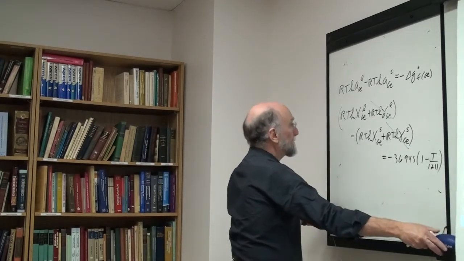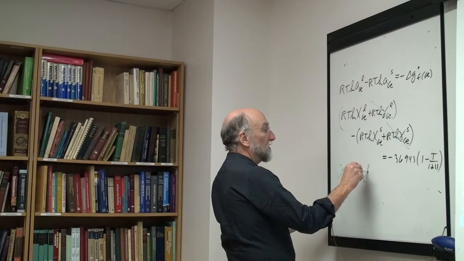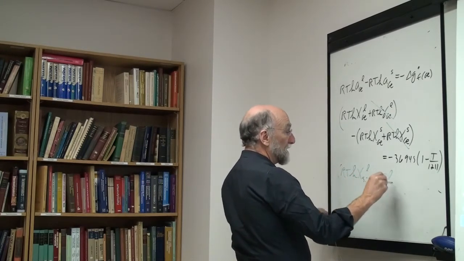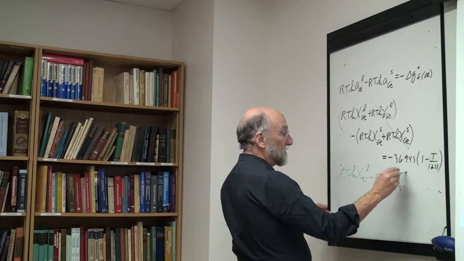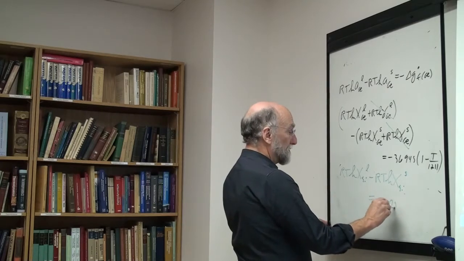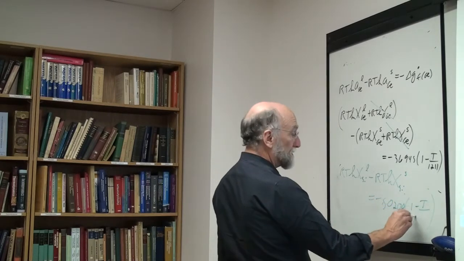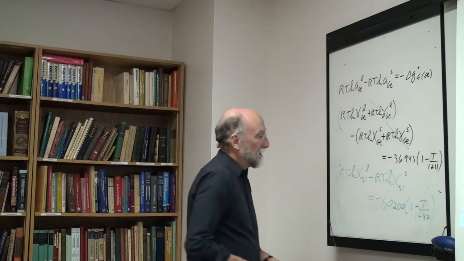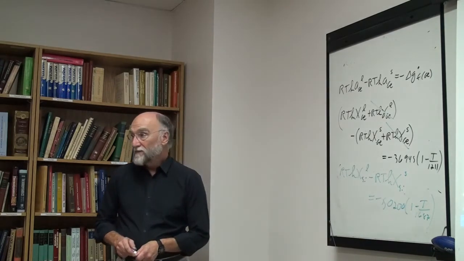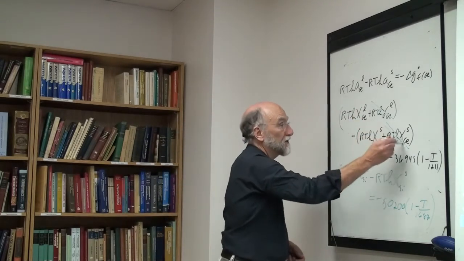And my equation for silicon would be RT log mole fraction of silicon on the liquidus, again assuming an ideal solution, minus mole fraction of silicon on the solidus, equals minus 50,200, 1 minus T over 1687. So this is assuming ideal solutions. You can take out the RT log gamma terms.